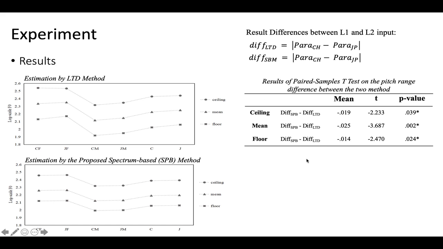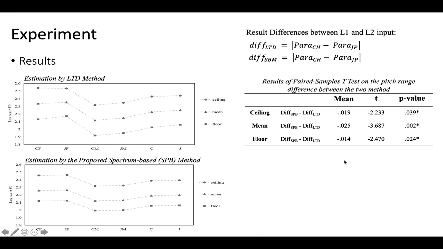As shown in the figure, in each of the parameters' results, the p-value shows significant difference between the two methods, and the mean value is negative, which shows that the proposed method has less difference between the two input languages than the traditional method.